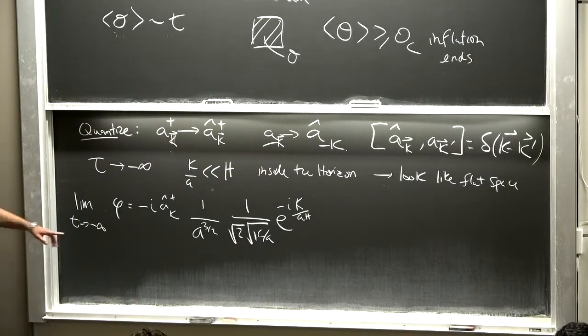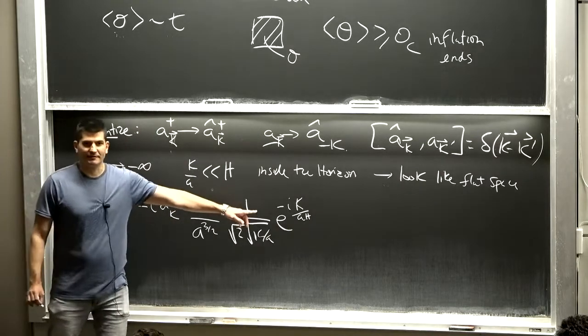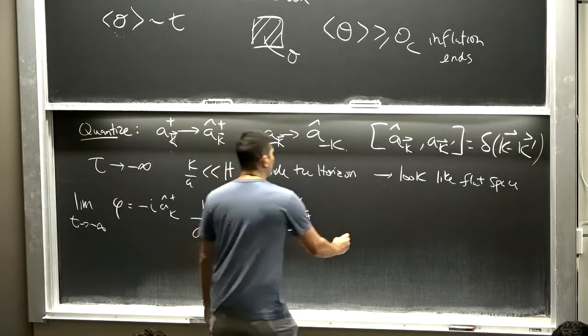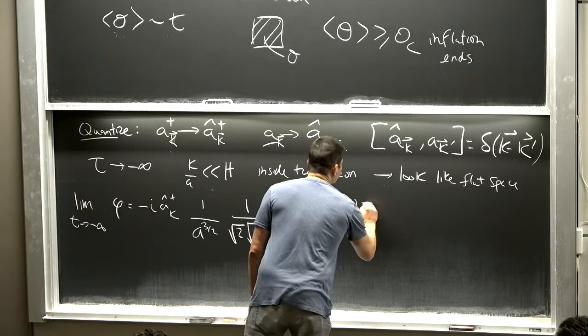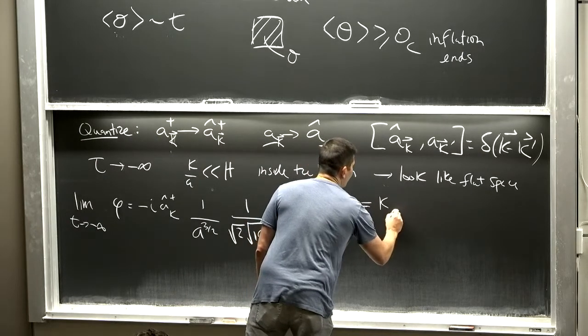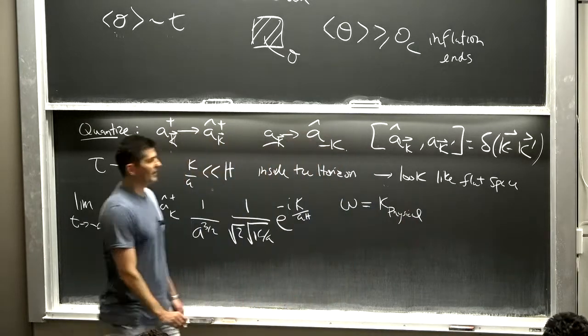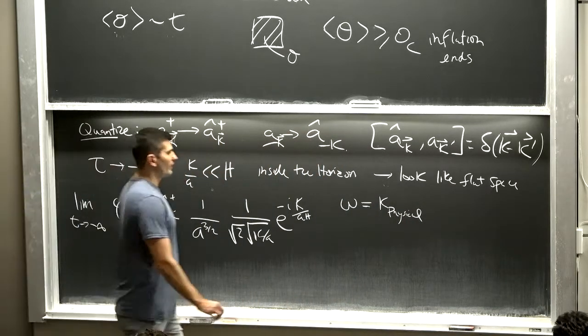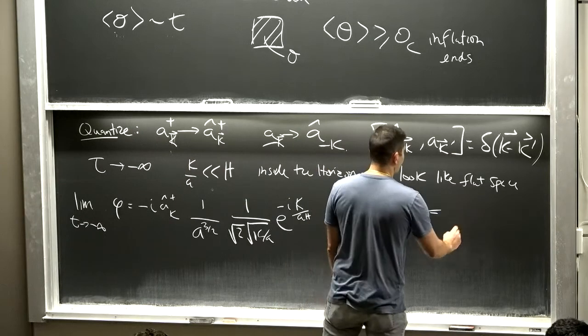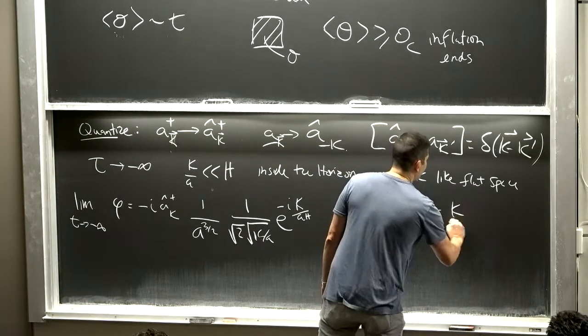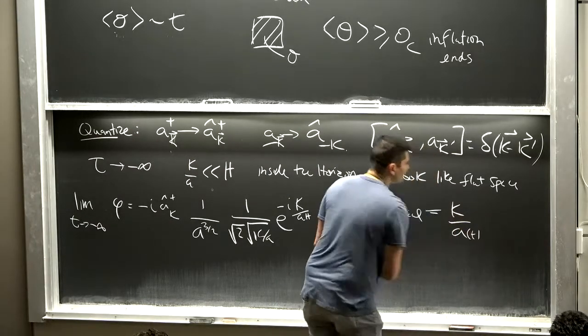Okay, now this is not immediately obviously the flat space mode, but you should remember that whatever our flat space frequency is, it should obey that it's equal to, in some WKB sense, our physical wavelength. This is the equation for a massless particle. But it's still varying in time.